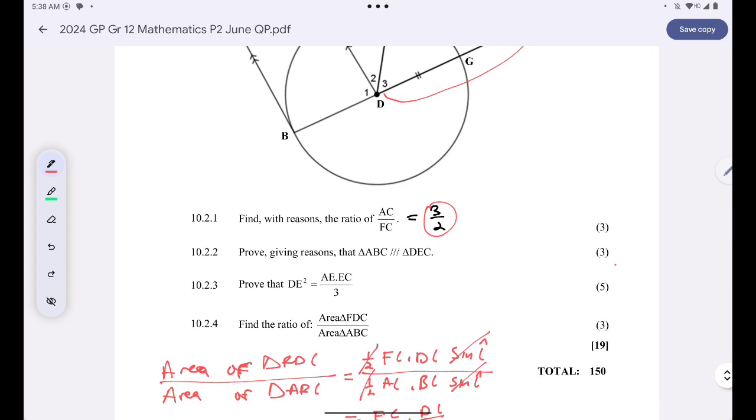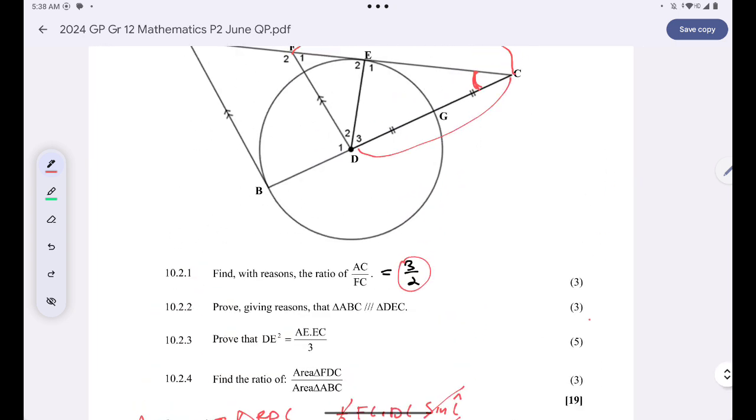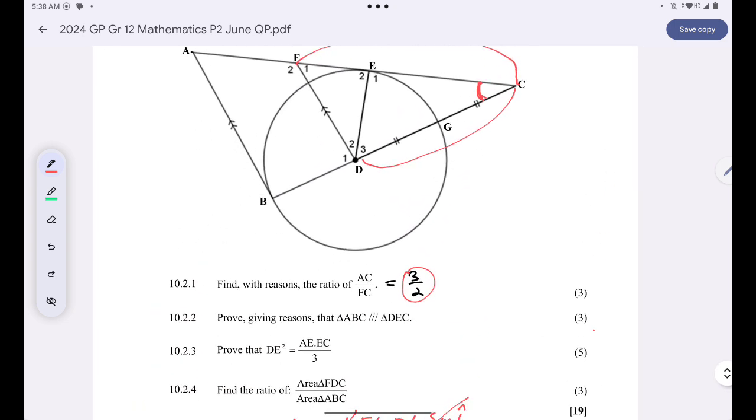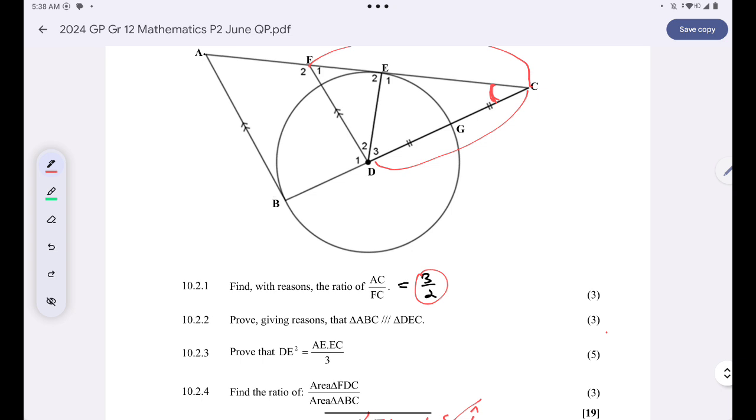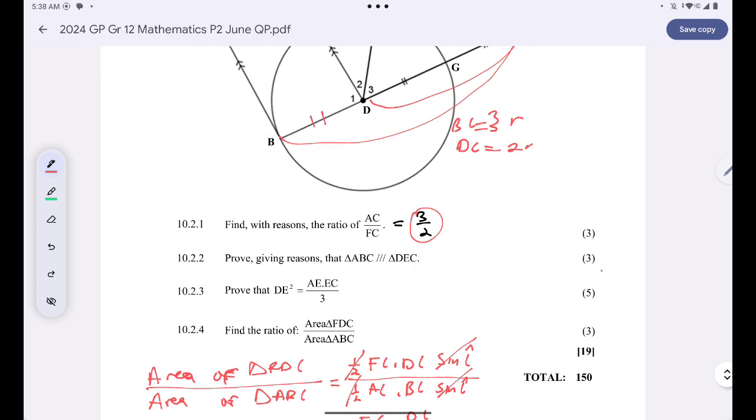DC and BC, the ratio of DC and BC, guys, BC is 3 times the radius. DC is 2 times the radius altogether.